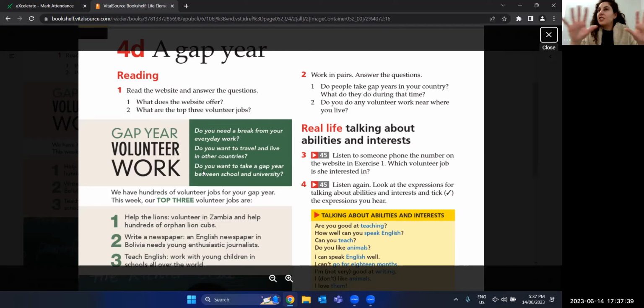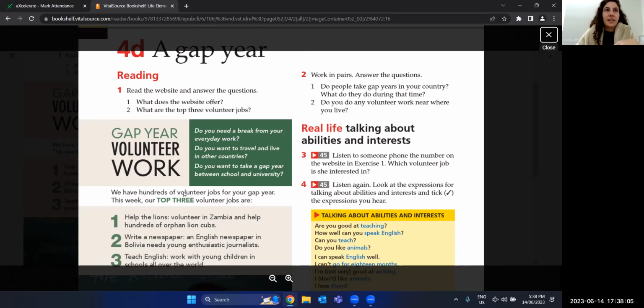Well, just in general, what is the website telling us? Because that's one of the jobs, but just in general, the website is telling us about volunteer jobs. Yeah, volunteer work. What does the website offer? Volunteer work. Yeah, it's not offering shopping to buy something.